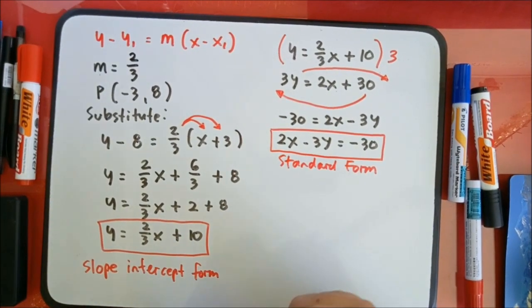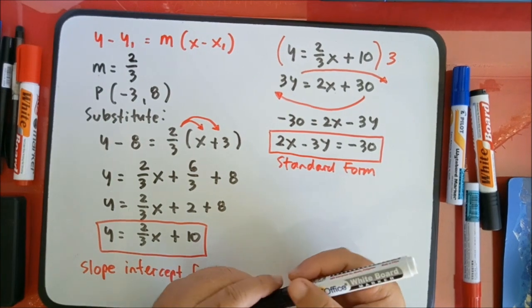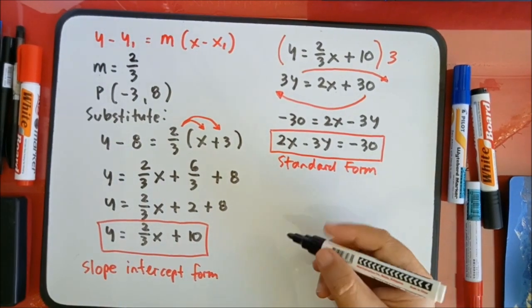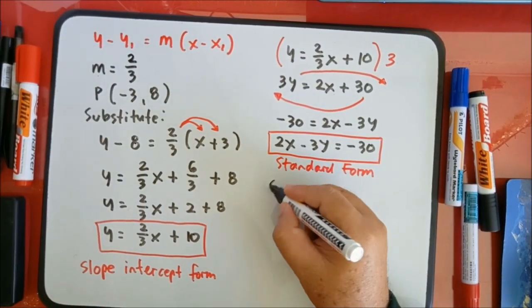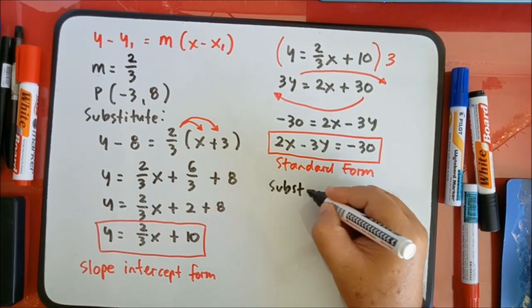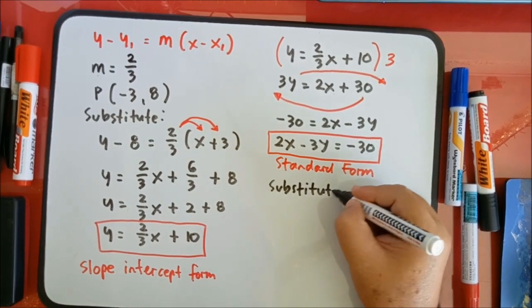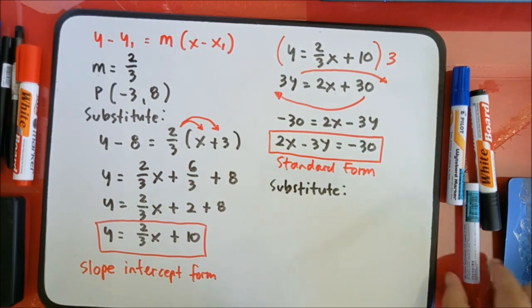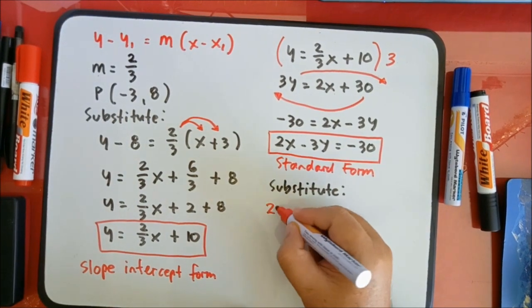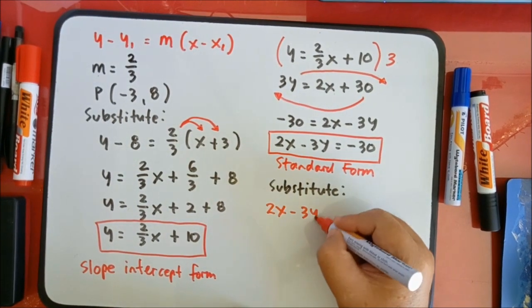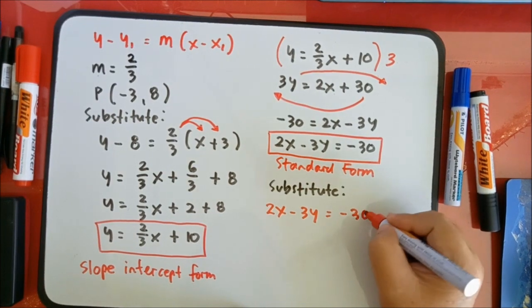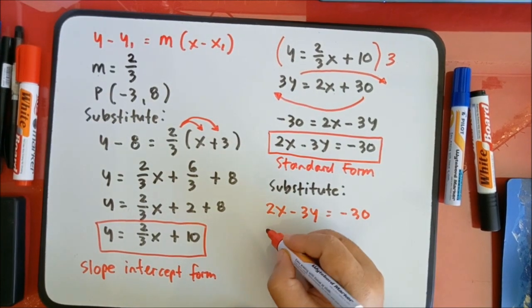Okay. Check nga natin kung ito ba ay solution ng ating equation. Substitute. Okay, try natin. 2x minus 3y is equals to negative 30. So yung x, papalitan natin ng negative 3.